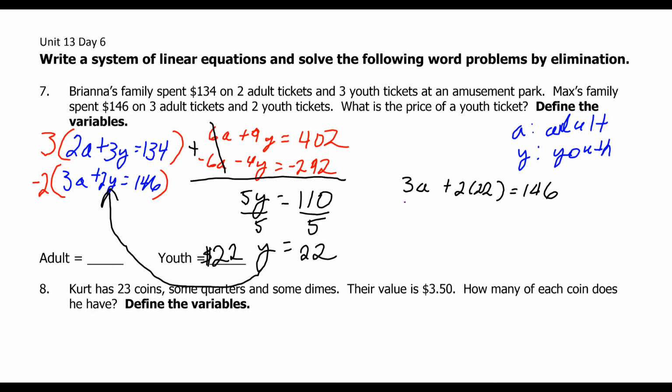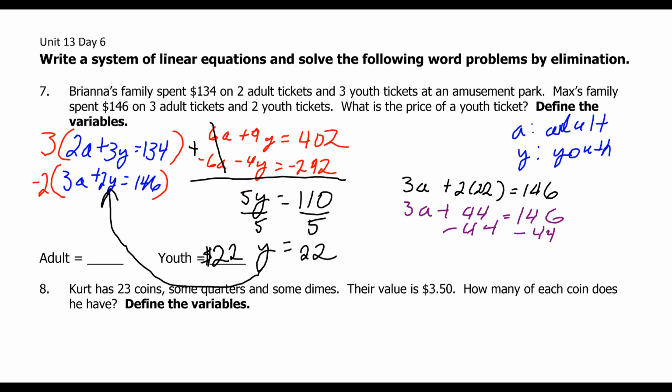Then we're going to have 3a plus 44 equals 146. We subtract 44 from both sides. That should be a 6, not a 4. Say one thing, write another.